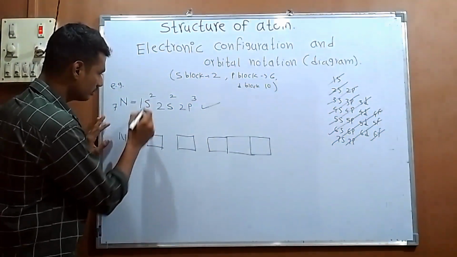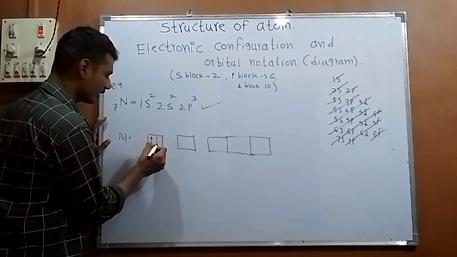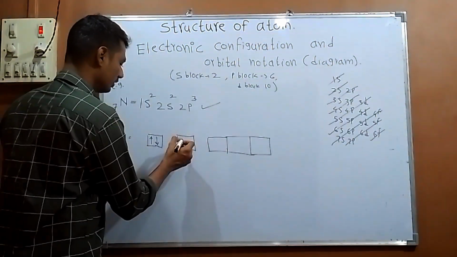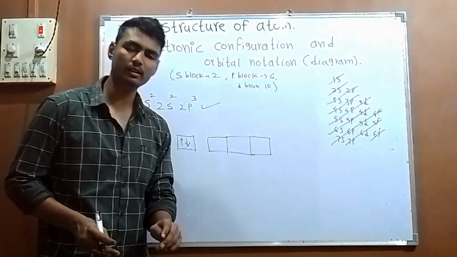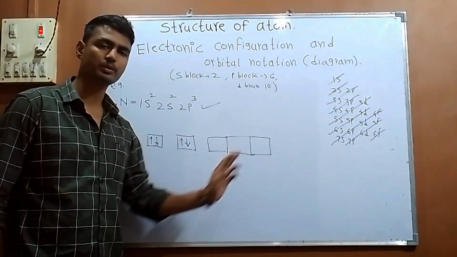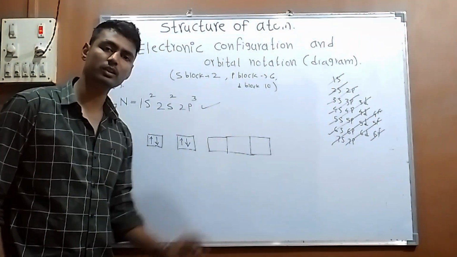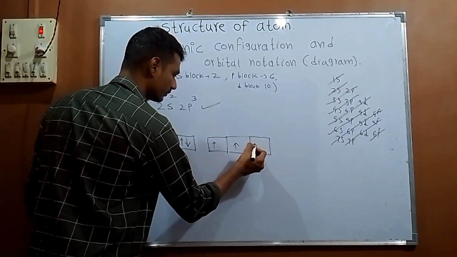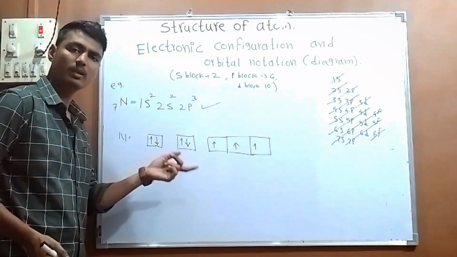So in 1s2 there are 2 electrons, one like this and another like this, opposite spin. Then 2s2, 1, 2. And now Hund's rule says that in this subshell, all the orbitals should get 1 electron each first, and then if some electrons are remaining, they will start pairing.